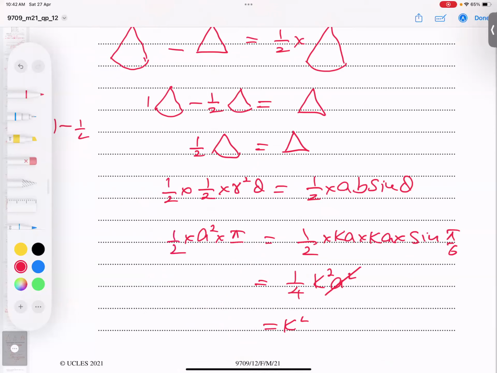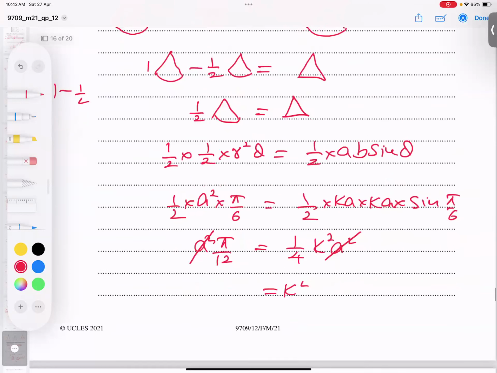And here I got pi by 6. So I got what? Pi by 12 times 2a square. A square cancels, and this 4 goes there. I got pi by, so half, and 2 2s are 4. Sorry, this is 2 2s are 4. So 24.